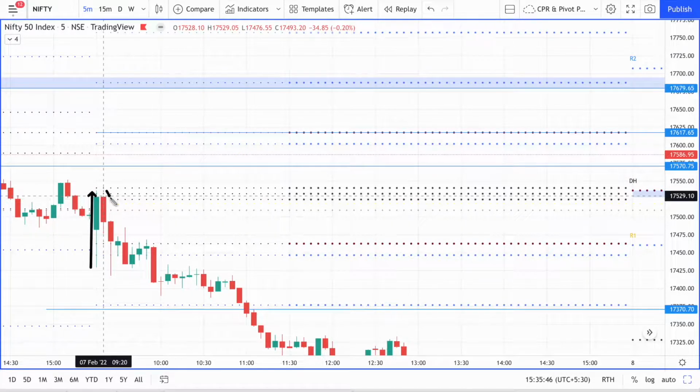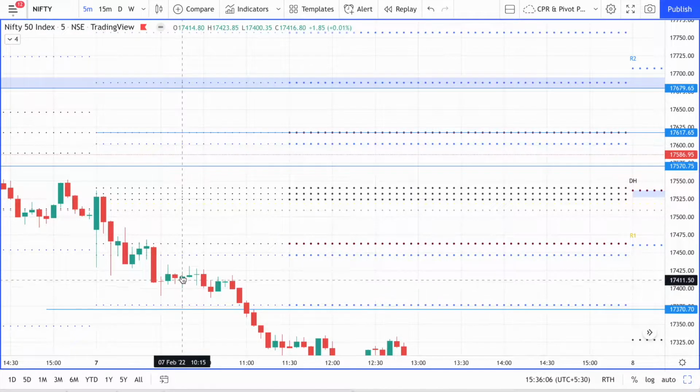Sellers pushed the price down all the way up to here, and then once the price reached the low, that is this point here, which was the new low. This was the previous low, but then this candle wick you can see here is the new low, and at the new low this particular candle broke out. And after it broke out, what happened there?